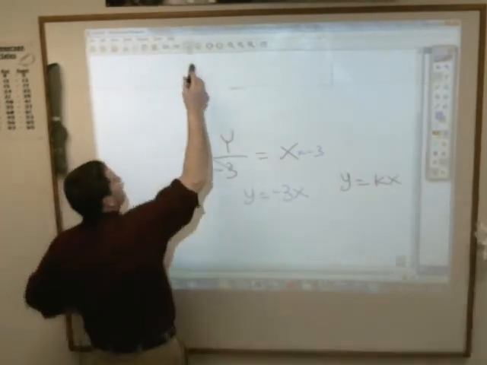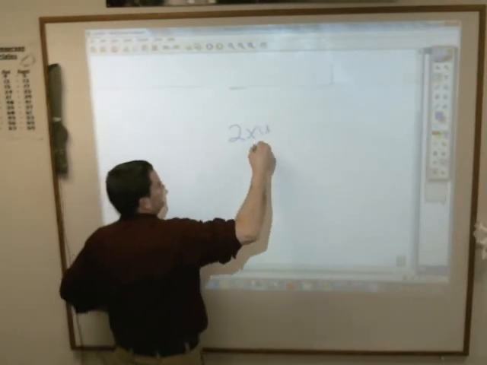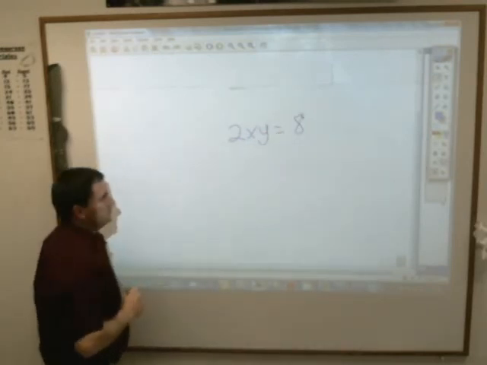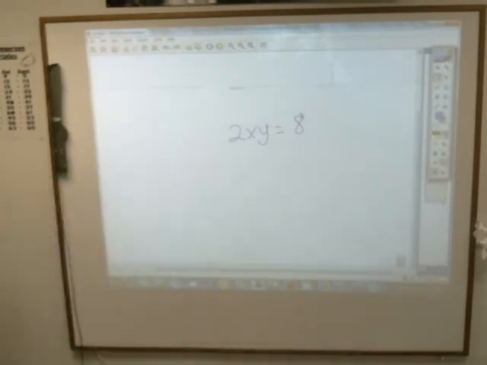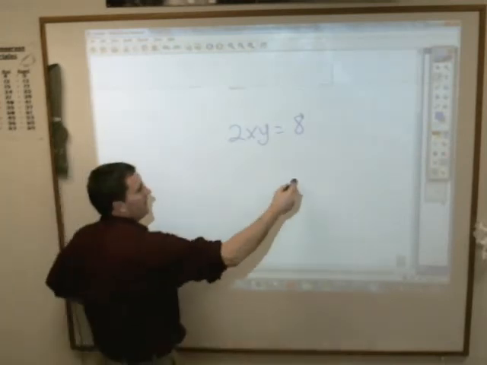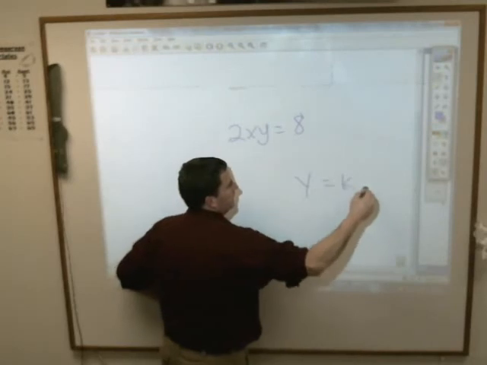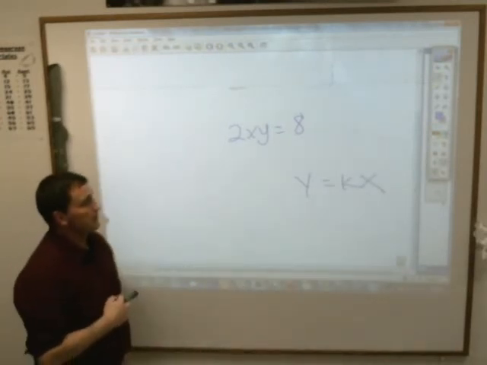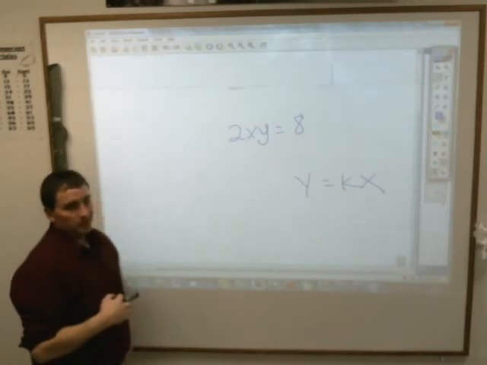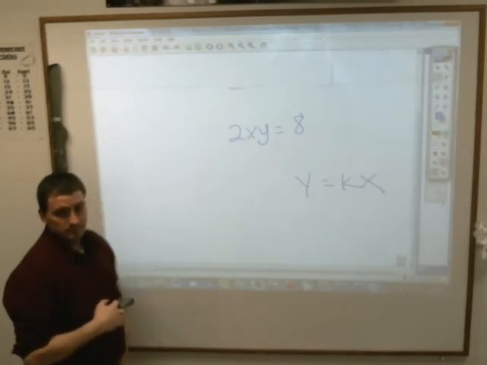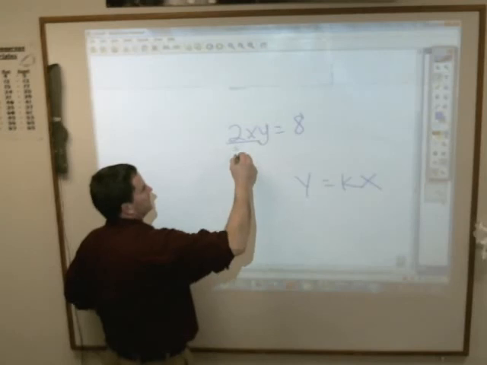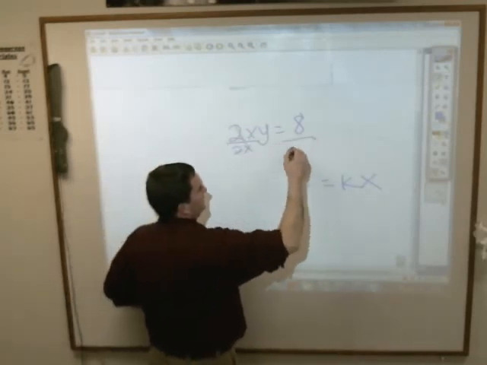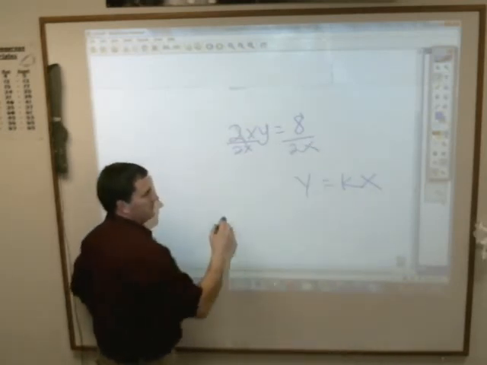What about this one? 2xy equals 8. Can you change that so that it is in the form y equals kx? Well, how do I get the letter y by itself? I divide by 2x. What am I left with?